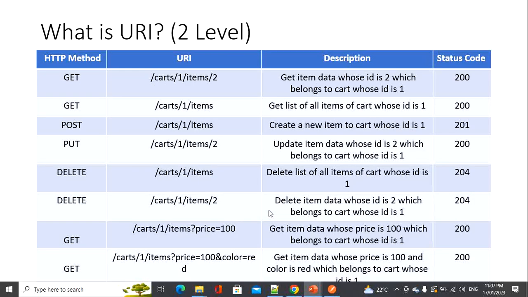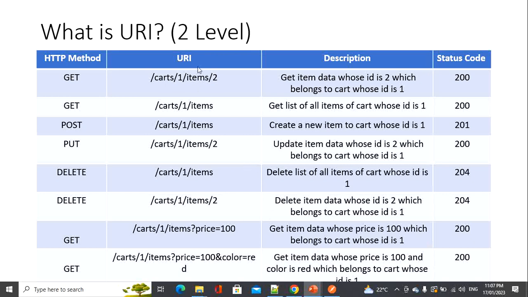Here you can see the second level. In real time we have entities in the database with one-to-many association, or different associations. Let's assume one cart can have multiple items, like that one-to-many association.